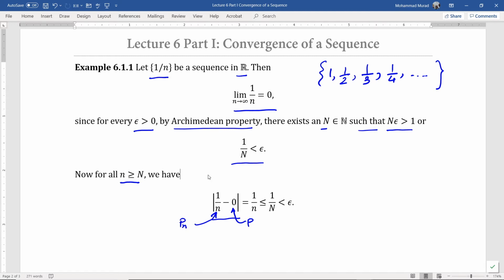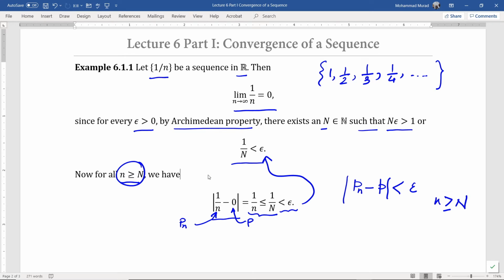This can be written as 1 over n, and by applying this inequality, we get 1 over n would be smaller or equal to 1 over big N, which is smaller than epsilon. So we proved this inequality, p sub n minus some real number p would be smaller than epsilon if n is greater or equal to some integer N.